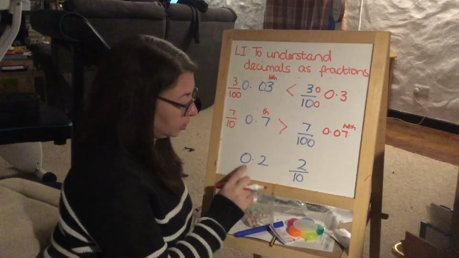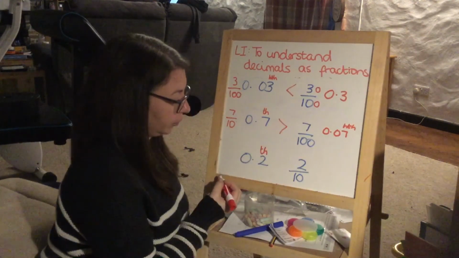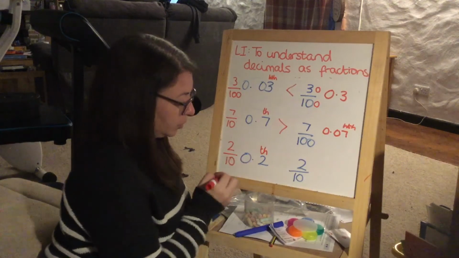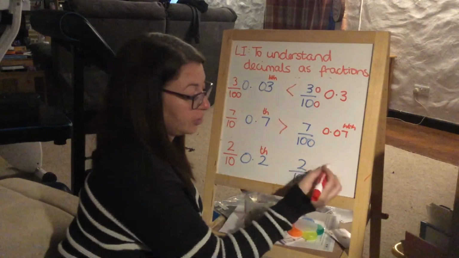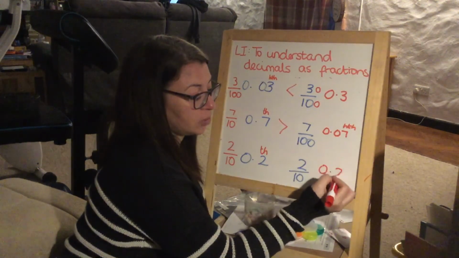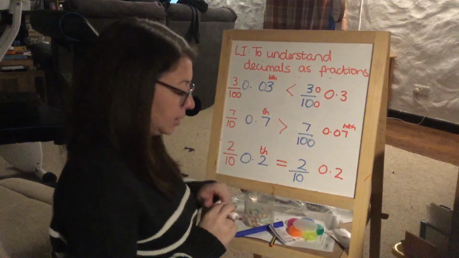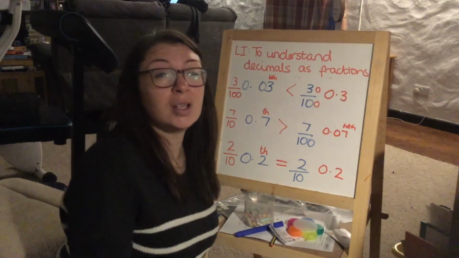And these two, 0.2, well this again is in the tenths column, and so that makes it 2/10. And this one is 2/10, so we need to remember that is 0.2 in the tenths column, so they are exactly the same.